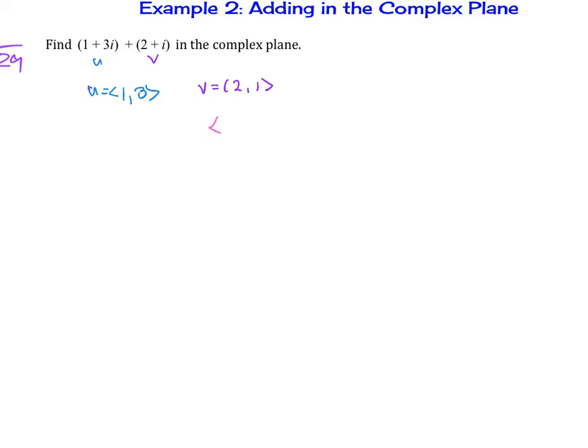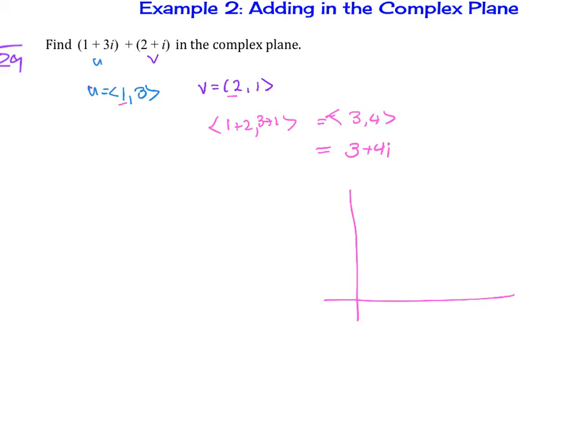So the horizontal components together, 1 plus 2, and then 3 plus 1. And therefore, this is going to be (3, 4). And then we can rewrite it as 3 plus 4i. Really this is just focusing on vectors and how to do it using vectors. So we can graph it.